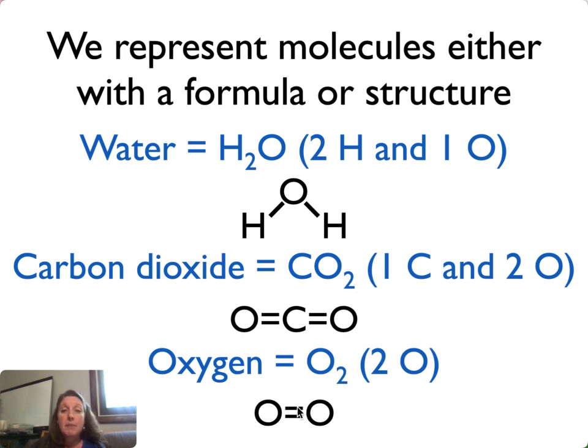So, covalent bonds are always represented by a solid line. Ionic bonds, we don't draw any lines. We just say NaCl, put them together. We know that's a molecule. We don't draw a line because it is a weak bond, an ionic bond. All right.